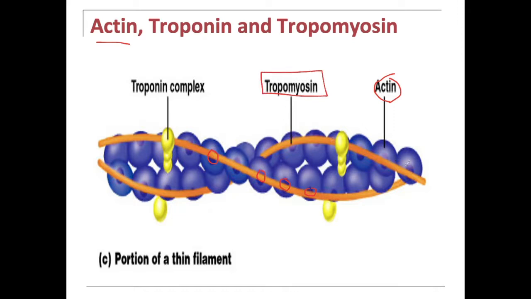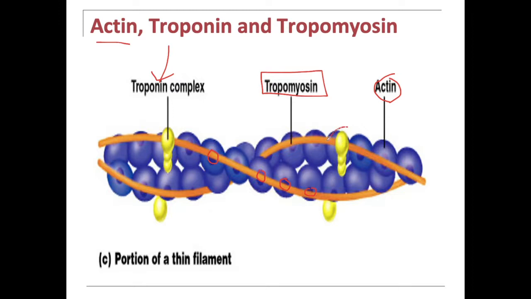That's the orange string, which is the regulatory protein that's covering the binding sites. And then we have troponin, which in this picture are these yellow ones, and in the other picture they were blue. Here the troponin, these yellow staples, are holding the tropomyosin in place.